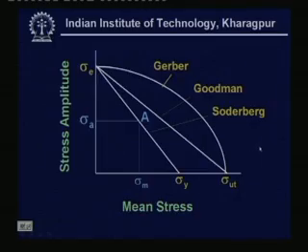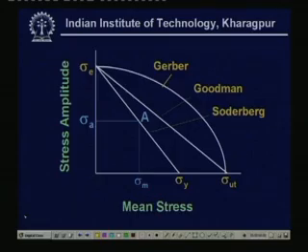Now, if we look for the line, we considered this is sigma mean stress and this is sigma A, that is the stress amplitude, and let us consider a line which represents the Soderberg line.